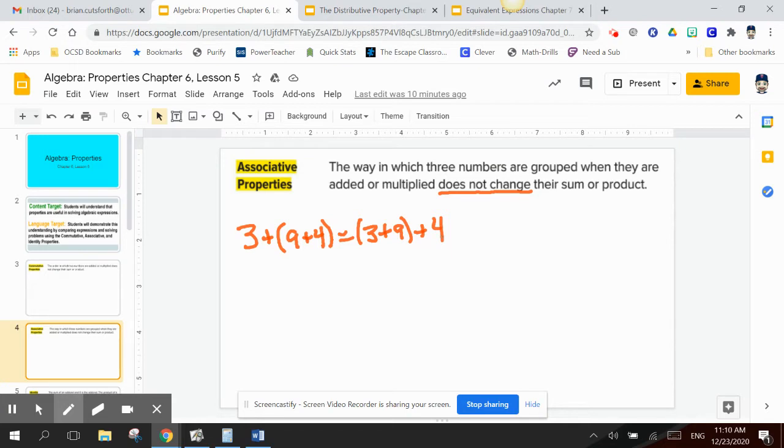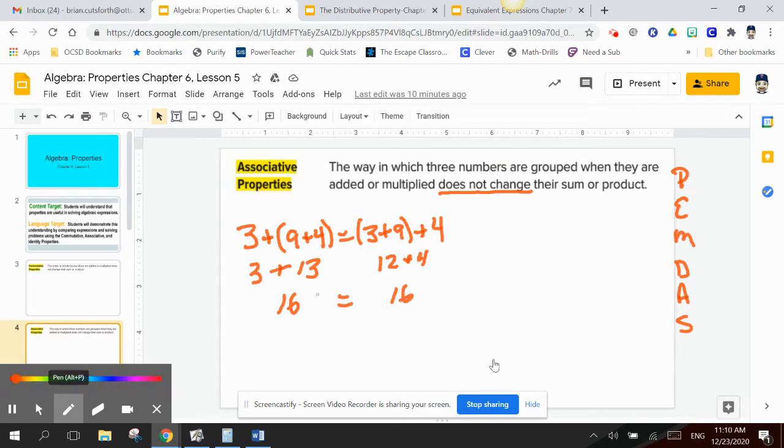So remember our PEMDAS, our order of operations. We want to make sure we do our parentheses first. So 9 plus 4 is 13, and 13 plus 3 is 16. 3 plus 9 is 12, plus 4 is 16. So notice that both of those numbers are the same.